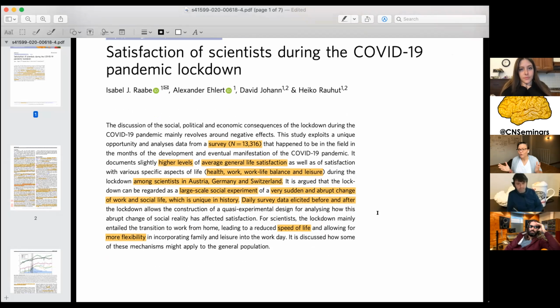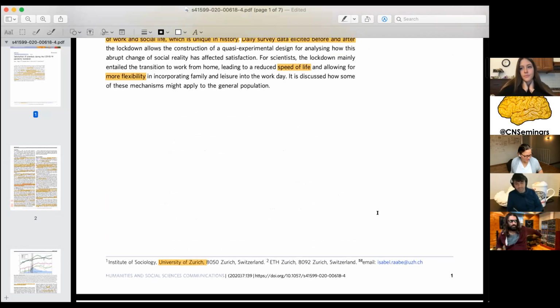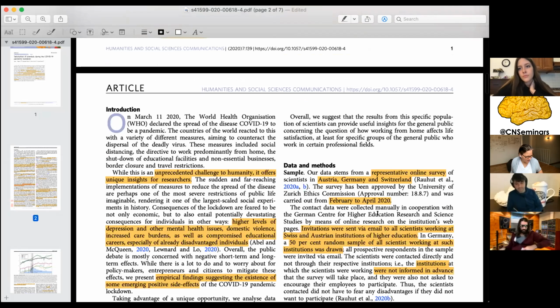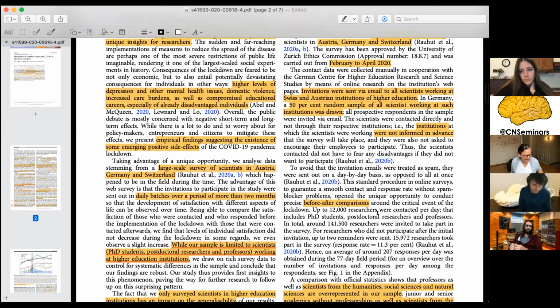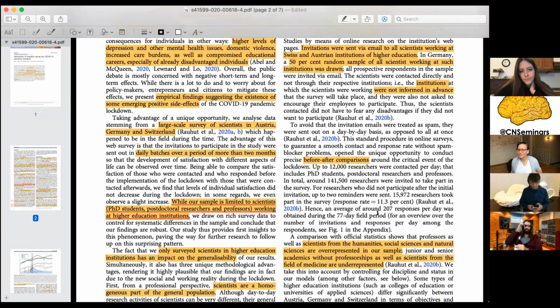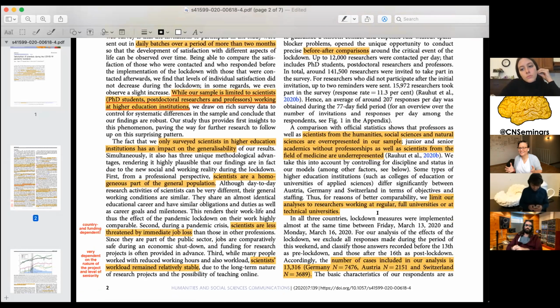And overall, they found that scientists are quite happy with lockdown. The p-values are high, the effect sizes are not as high. But I thought it's good news, and it's quite interesting to actually attach numbers to these events, and that they just happened to collect the data at the right time.